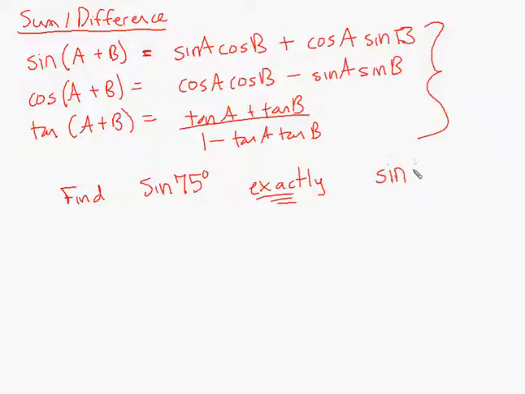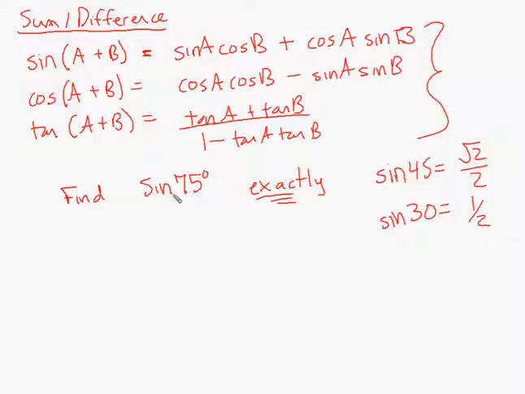We know that the sine of 45 is root 2 over 2. If you don't know that, that's something you want to memorize. And we know that the sine of 30 equals what? If you don't know, put it in your calculator. 0.5, you said? So that's a half.